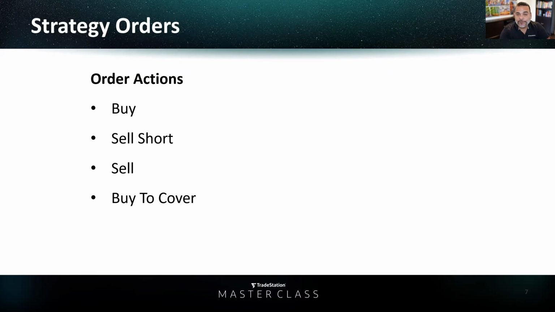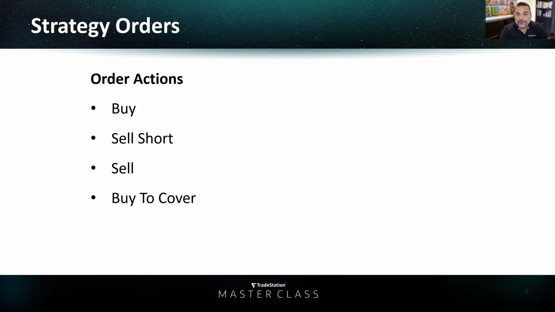The word sell is designed to only exit a long position. That's all that it does. So if you want to develop a strategy for futures and you want to go short a contract, just be aware that you have to use the syntax sell short to be more specific, okay?